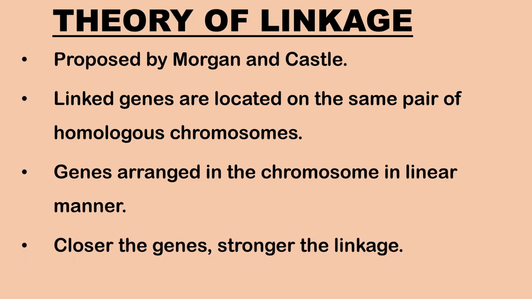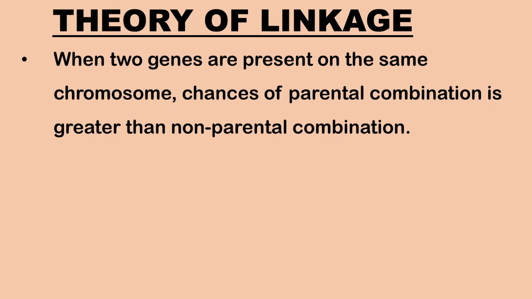Genes that are closely located show strong linkage. When two genes are present on the same chromosome, the chances of parental combination is much greater in the next generation when compared to the non-parental combination.